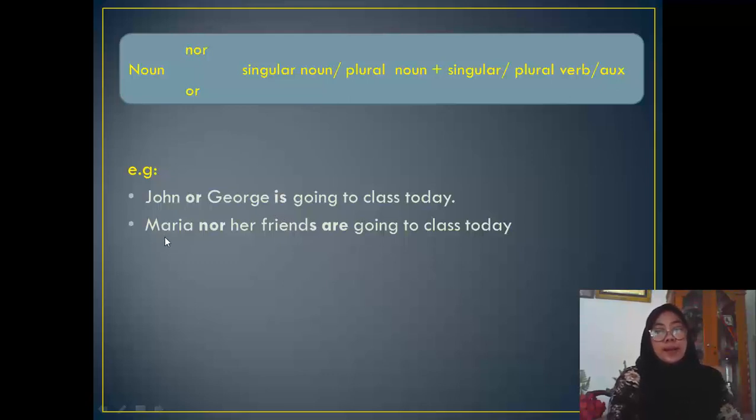But in the second sentence, "Maria nor her friends are going to class today." The second noun, her friends, is plural. So you must use the plural to be also. Good. Okay, that's about either and neither.